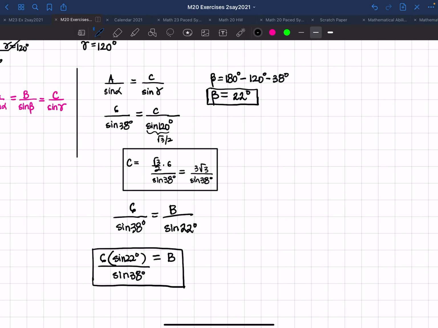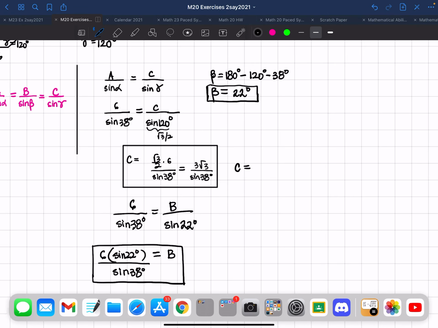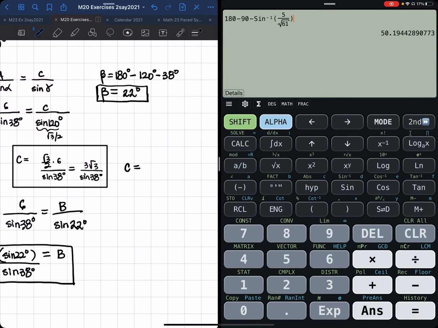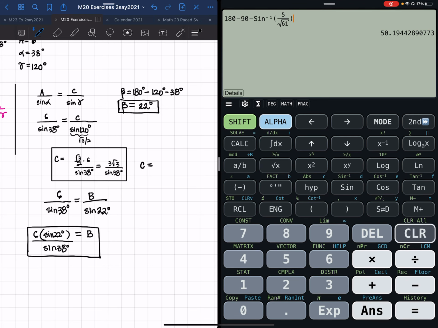Okay, kung gusto niyo lang ma-visualize yung mga numbers na yan, pwede natin siyang i-plug in sa calcu, of course. So, 3 square root of 3 divided by sine 38. So, parang nasa 8.4399 something something.